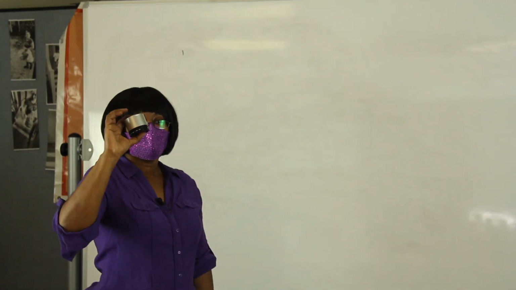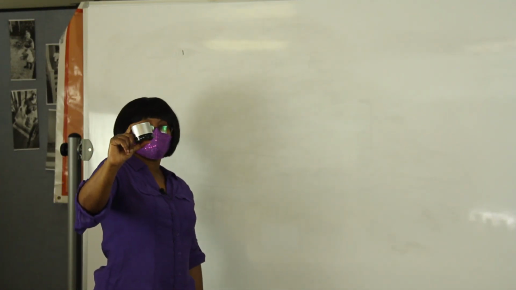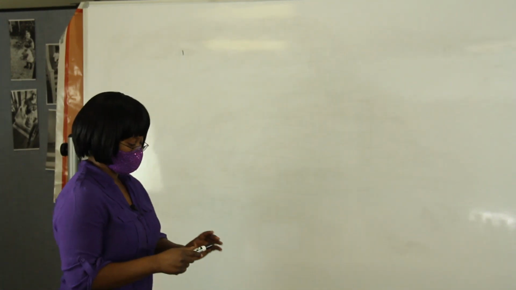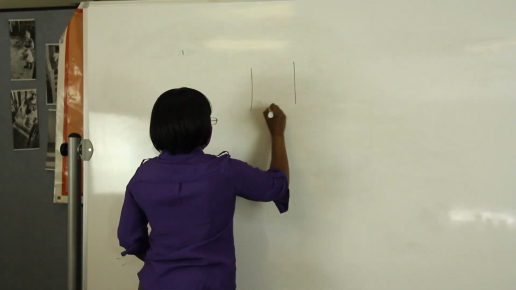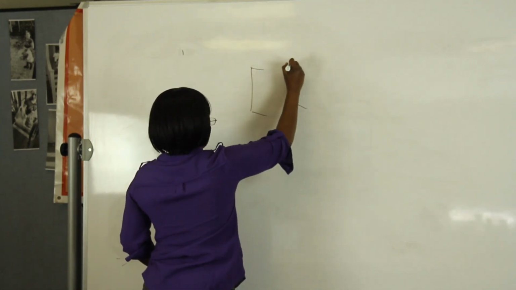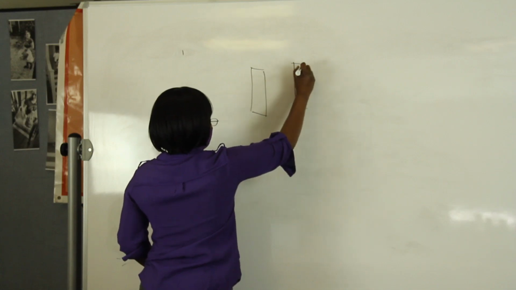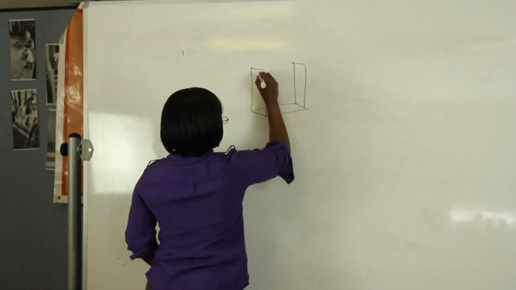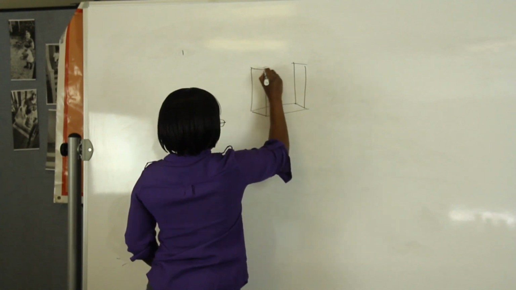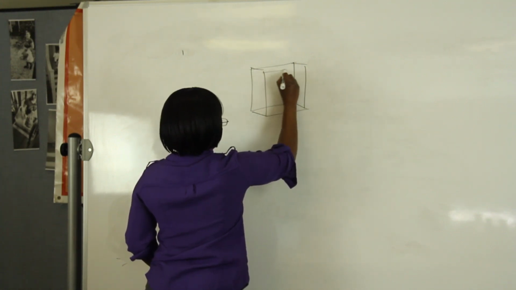Now, what would be easiest is to measure a cube. So I'm going to try and draw a cube. I think I still remember how to do it. I used to do this all the time in school. It's getting a little tricky now.